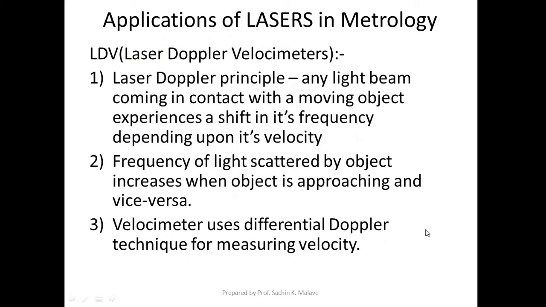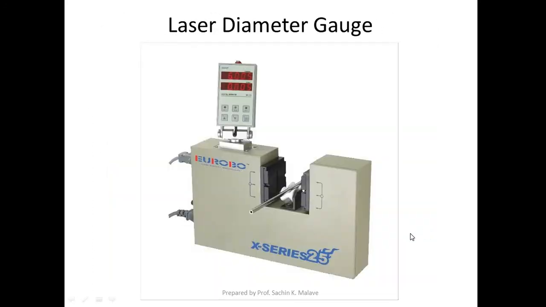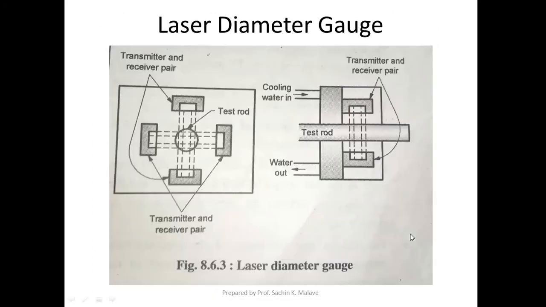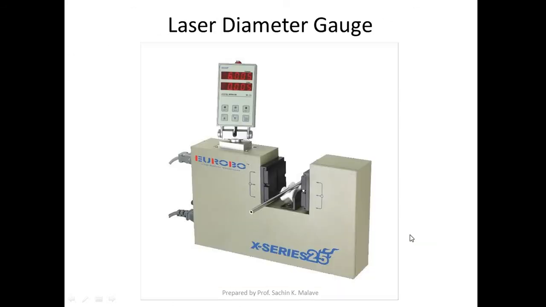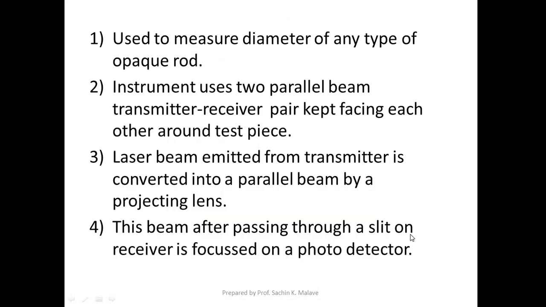Then we discussed the laser diameter gauge, with which we can measure the diameter of any opaque component, and how it works. This is the commercial product, the laser diameter gauge.